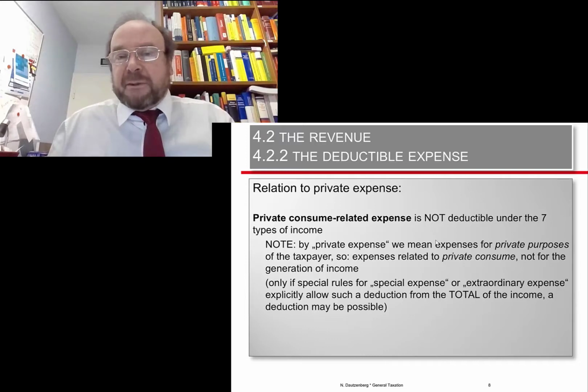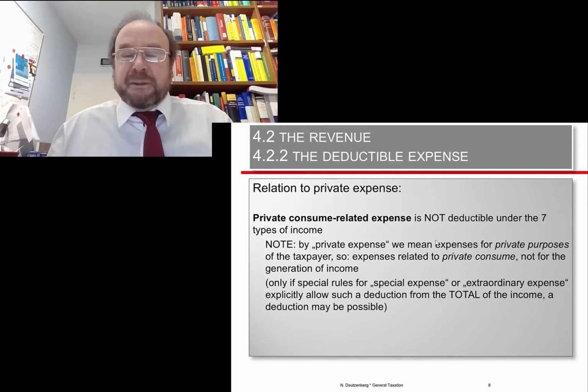As we heard already, there are certain private expenses which are deductible as special personal allowances or special expenses or extraordinary expenses according to the subjective net principle, that certain unavoidable private expenses must be acknowledged, because if the expense is absolutely unavoidable, that money has already gone away and you can't tax it a second time, so you would have to acknowledge that this money must be spent.